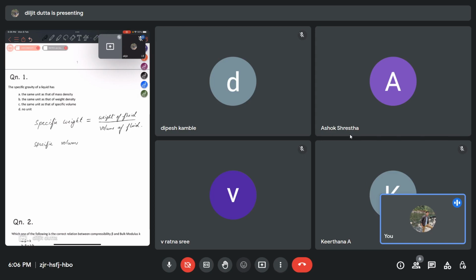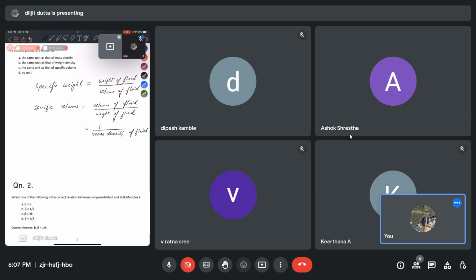The specific volume is given by the reverse of specific weight, so it is volume of the fluid divided by weight of the fluid. This can also be given for gases and compressible fluid. This is also given by the formula 1 divided by mass density, that is rho, mass density of fluid.